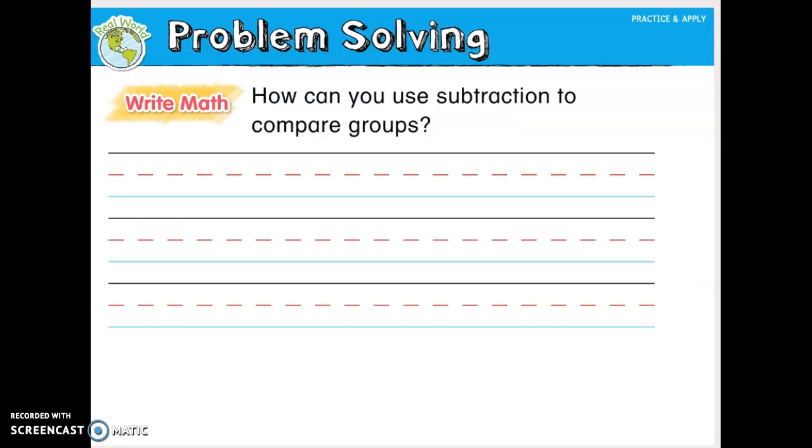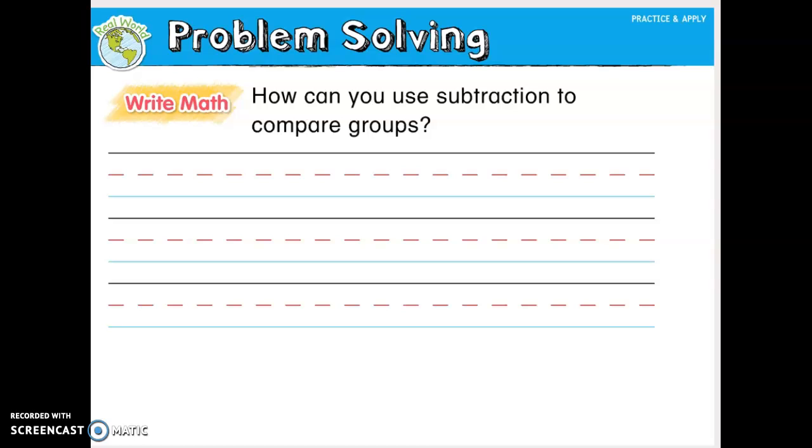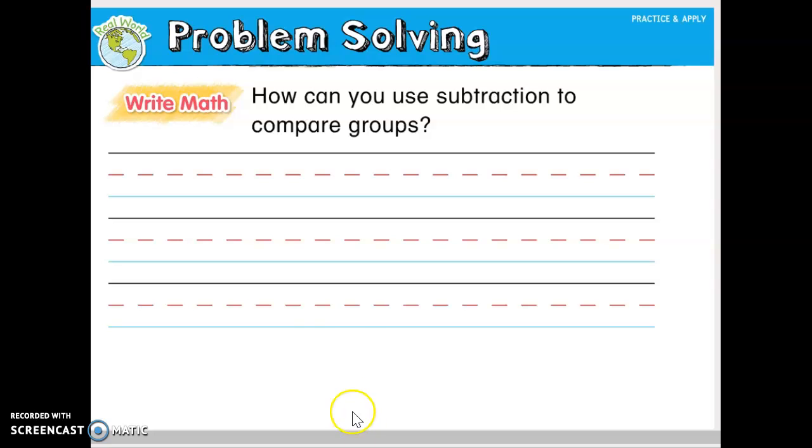Okay, so we are on the write math, which is the problem solving on the very bottom of the page. And I like to type in these answers with you. Oops, let me go back there. All right, so let me get out my writing tools, and I'm going to use my typer. The question is, how can you use subtraction to compare groups?